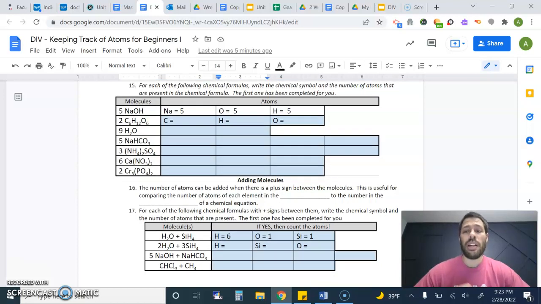Now, if you remember from our notes, coefficients are the big number in front of each molecule. For example, take a look at my arrow. 5NaOH. So I have that listed as my example.